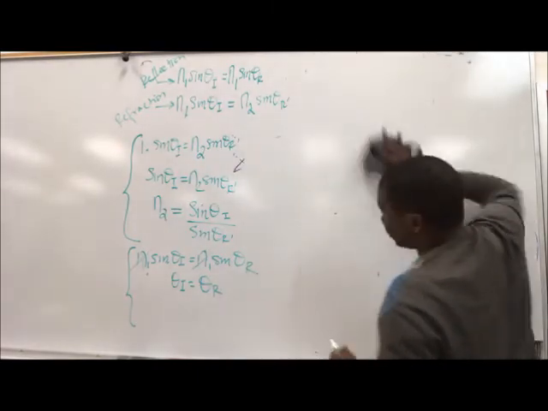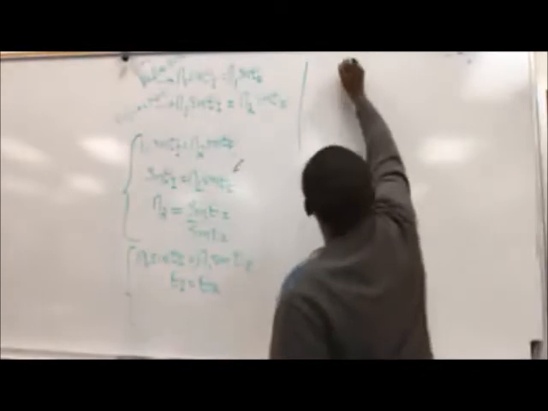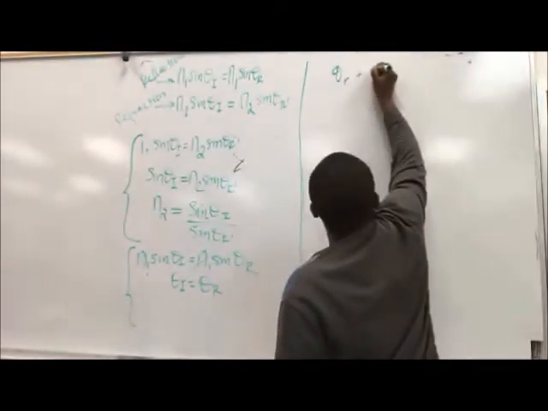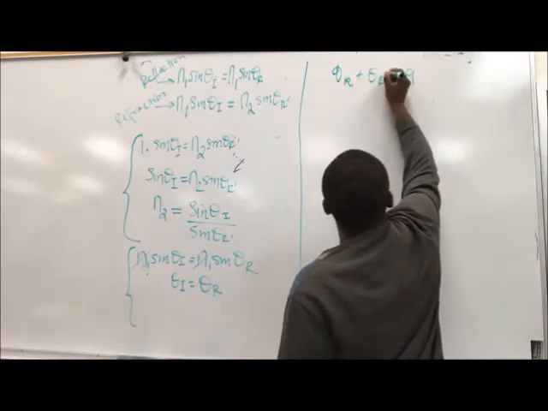All right, so we have established our Snell's law for reflection and refraction. What comes next is this. On our drawing, the angle of reflection and the angle of refraction should produce this: angle of reflection plus angle of refraction should be 90 degrees. Why?